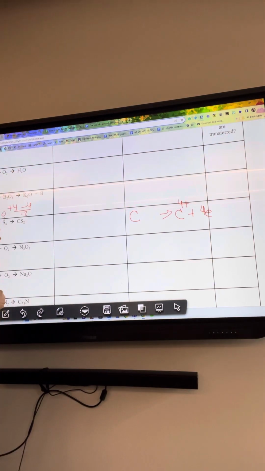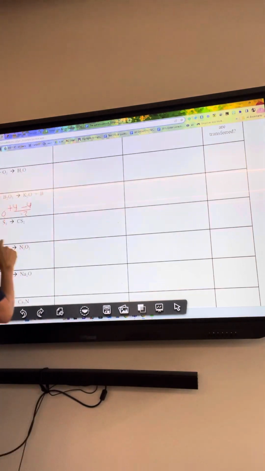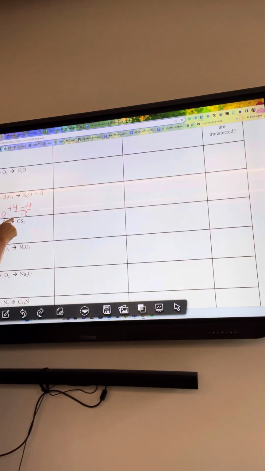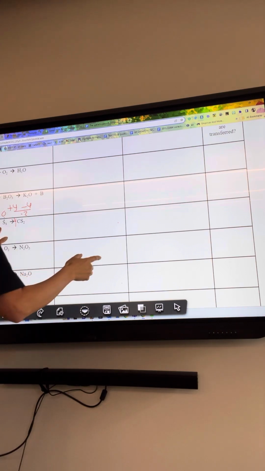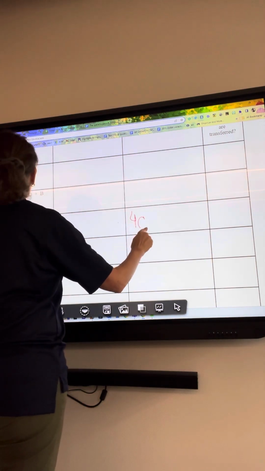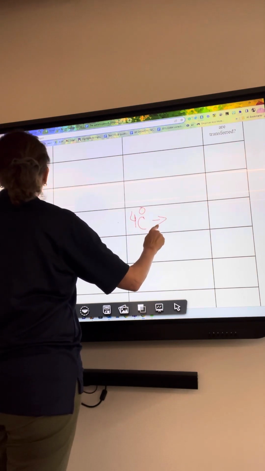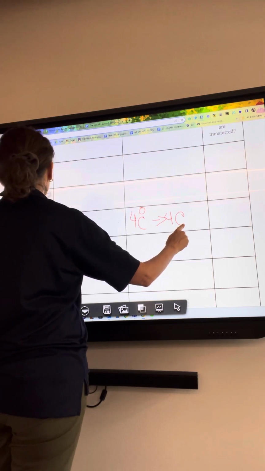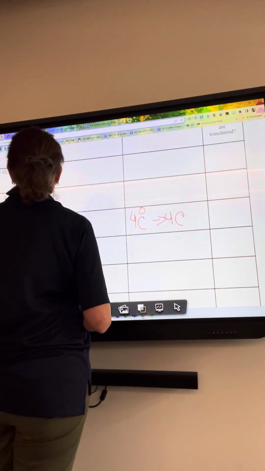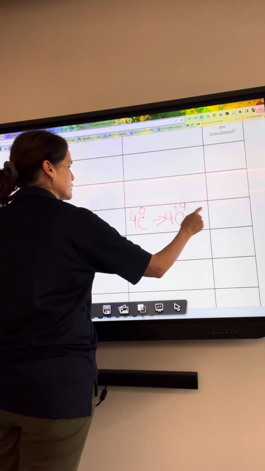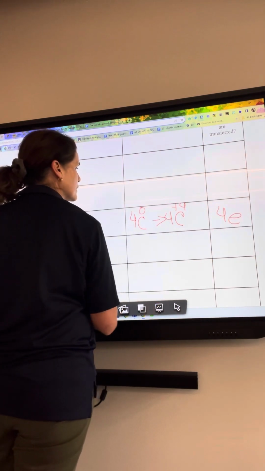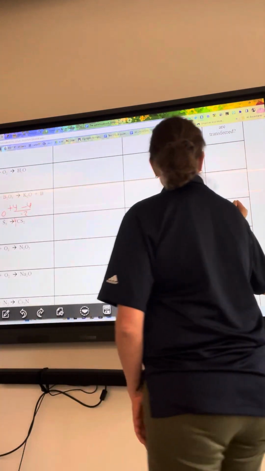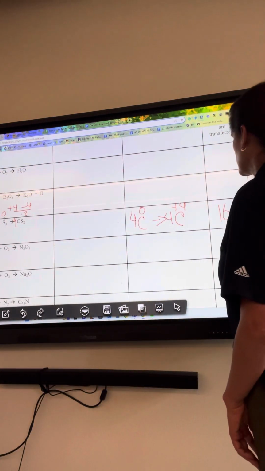Oh, I didn't balance it. You want me to balance it first? Because this one doesn't really matter. But I know I have 8, so I must have 4 over here, so I must have 4 over here. This will make it easier. So now I have 4 carbons that are 0, going into 4 carbons that are plus 4. So how many electrons? 16 electrons.